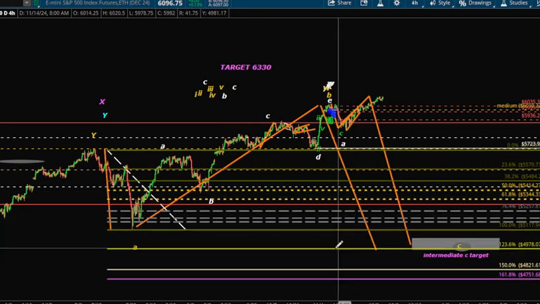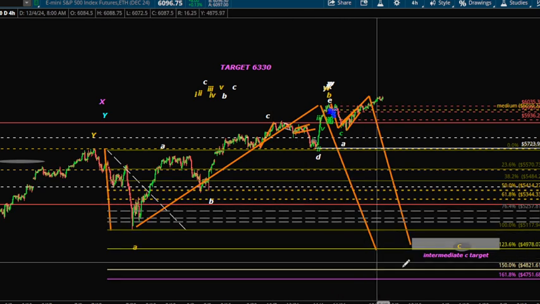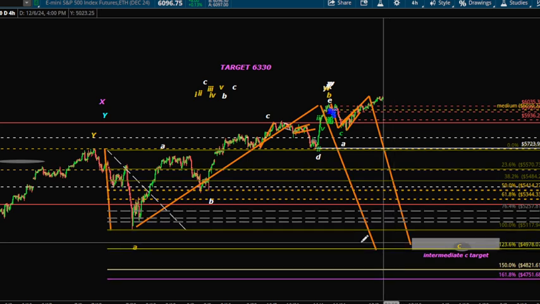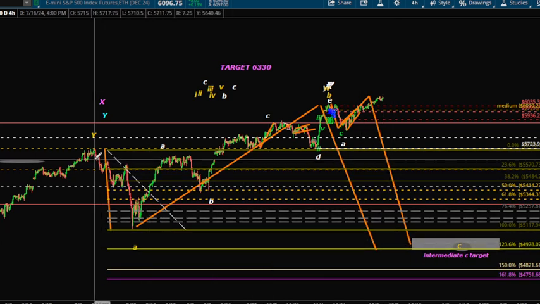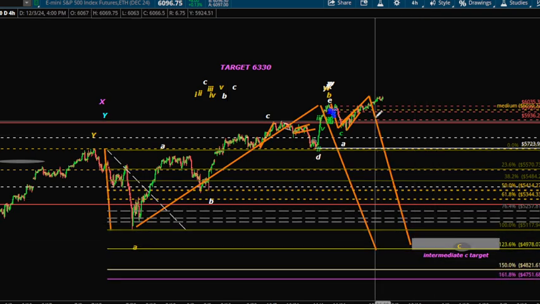It's gonna play out. They're gonna line up pretty much the same. So anyways, this is a 123.6% retracement, or extension, I should say, based on this leg A. So that would be one of my first targets as we start to turn down.